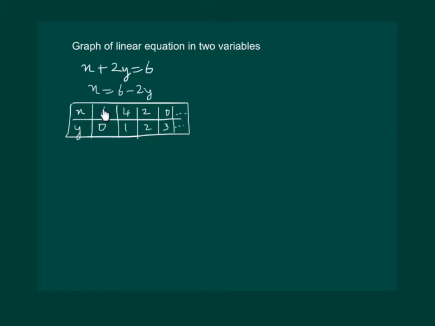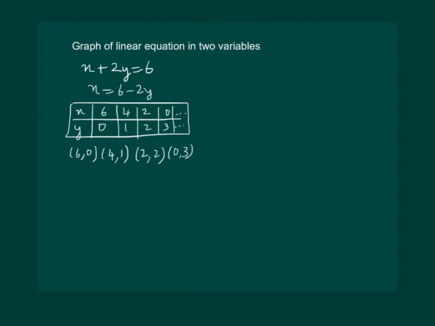Now these entries can be considered as points (6, 0), (4, 1), (2, 2) and (0, 3), where the x coordinate is the abscissa and the y coordinate is the ordinate.